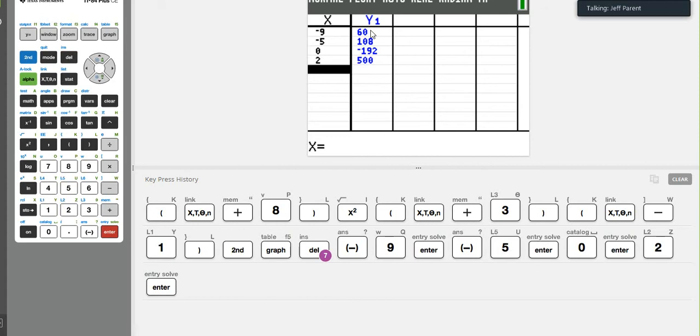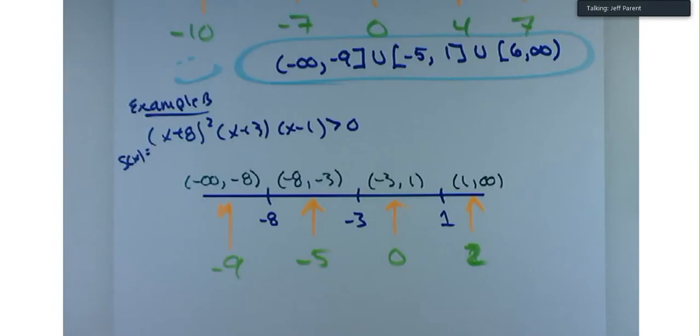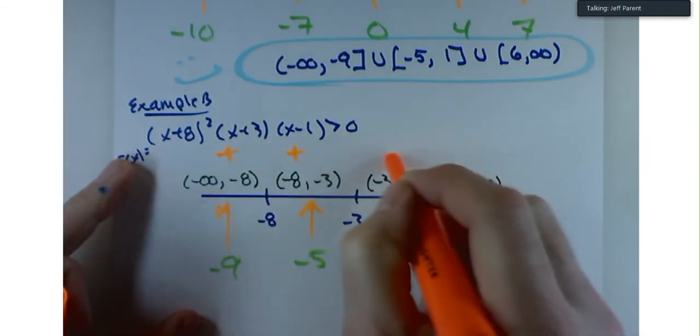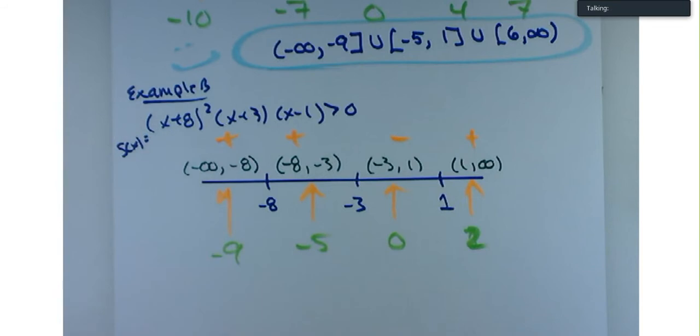Now, unlike the last example, it goes positive, positive, negative, positive. And that's something I want to look back at, because oftentimes they alternate positive, negative, positive, negative. Not always, though. So positive, positive, negative, positive. Okay, cool.